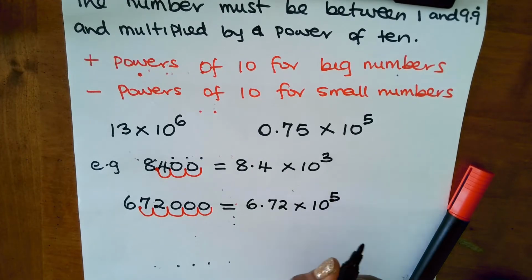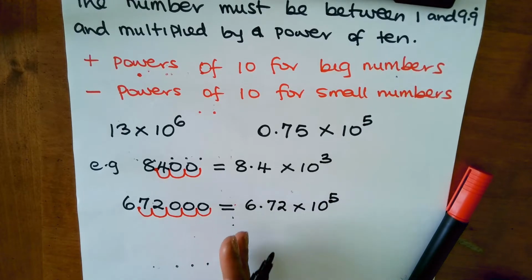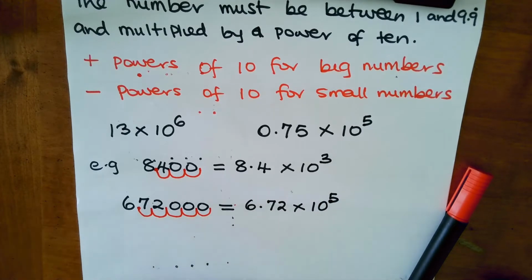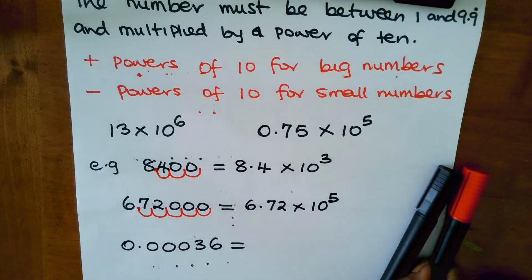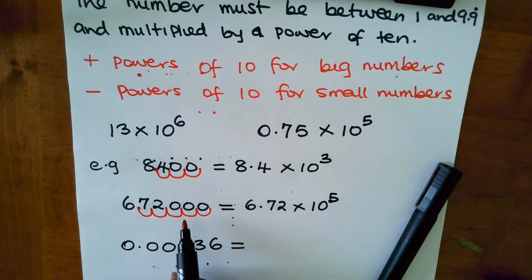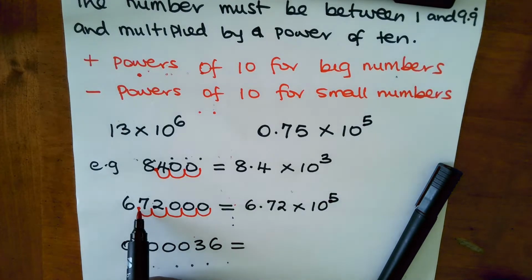So we're going to take an example where we've got negative powers of 10 for smaller numbers. An example would be 0.00036. If I'm changing this to standard form, remember for the positive powers I moved my decimal towards the left.